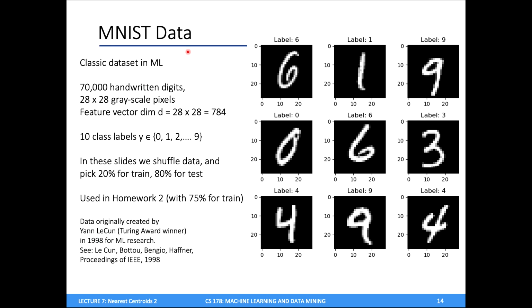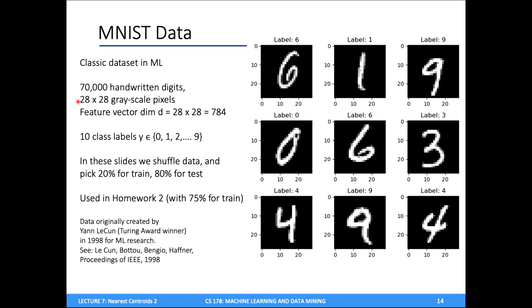But what this data set is, it's a collection of 70,000 different images, where each of these images corresponds to a particular handwritten digit. So for example, this image here in the top left is someone drew a 6, and it's got a corresponding label of 6. This one's a 1, labeled as a 1. So this is a classification data set with a total of 10 distinct labels, 0 through 9.